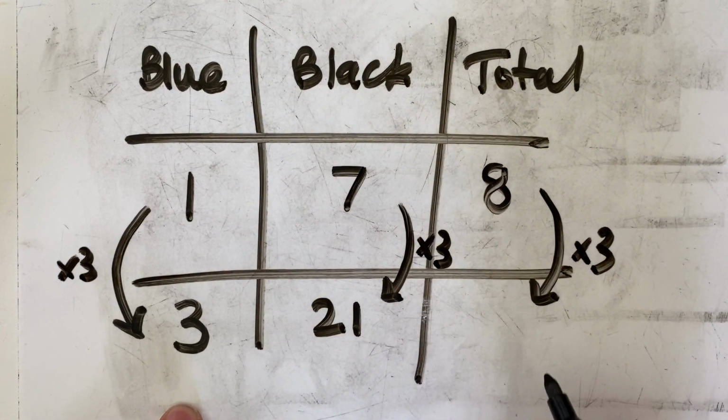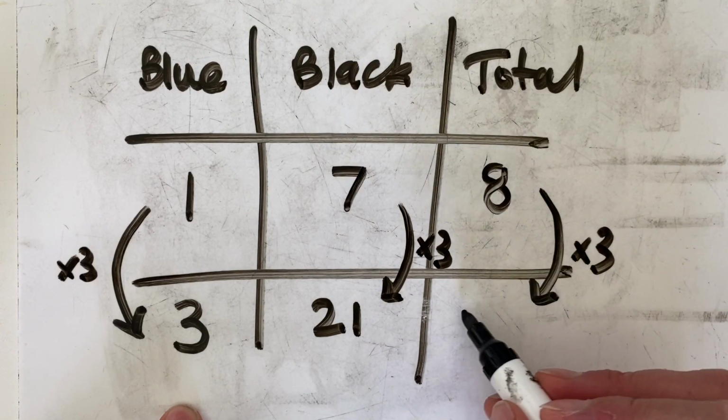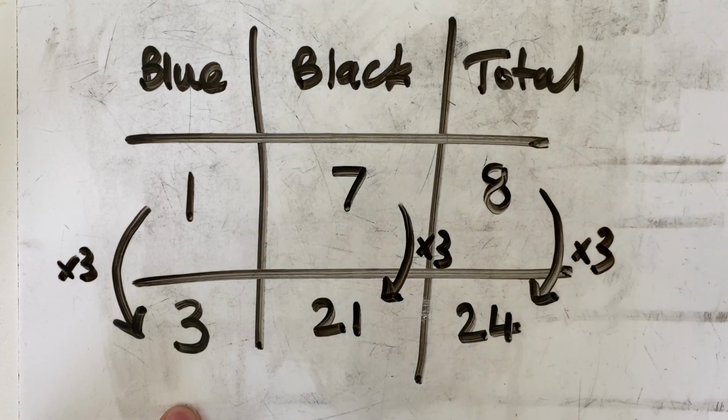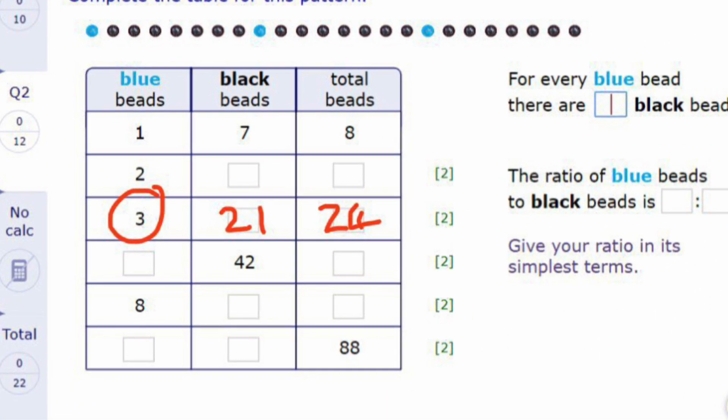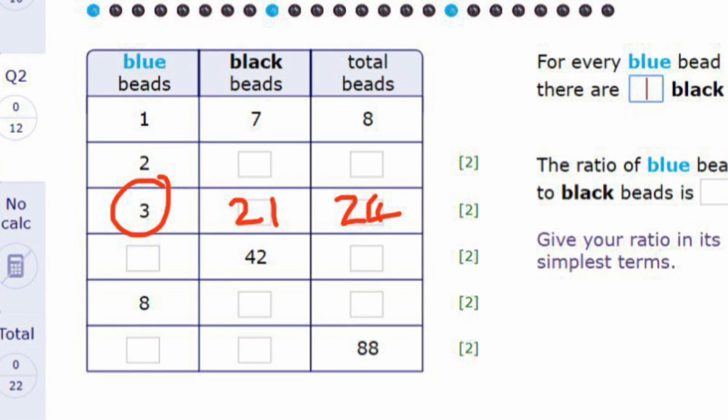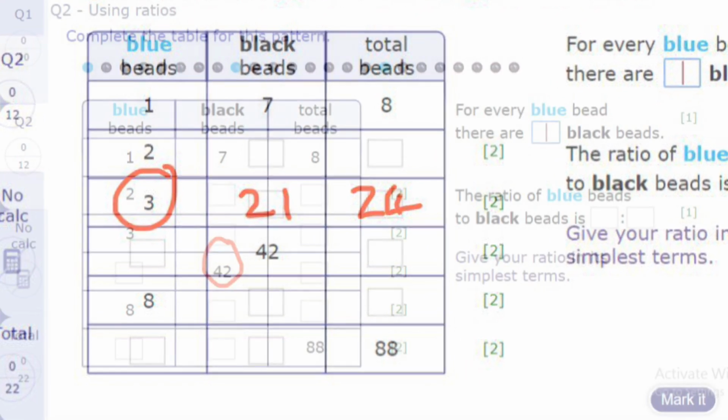That means that the total will be 8 times 3, 24. You can check this because 3 add 21 equals 24. So that's how I would fill those in. These are what the answers would look like transferred to the table, scruffily.